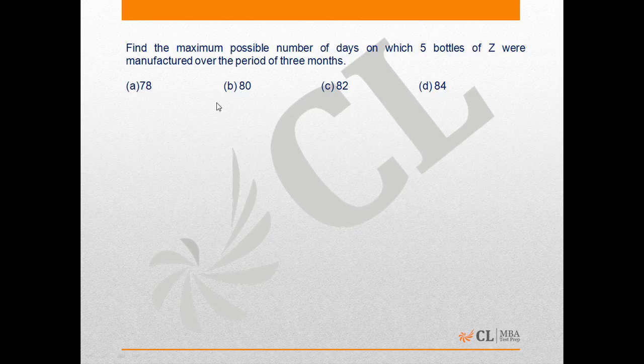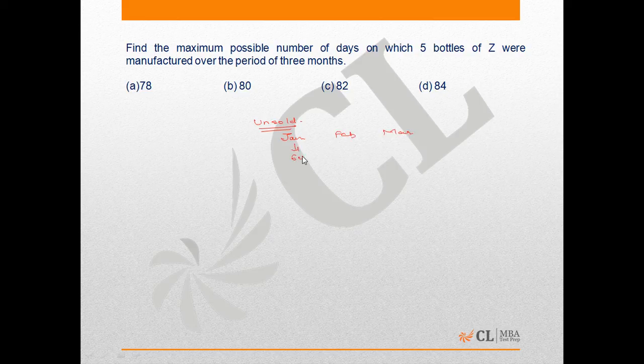Now going to the next question. Maximum possible number of days on which 5 bottles of Z were manufactured over the period of 3 months. Now writing the data for the number of bottles unsold in the month of January, February and March.